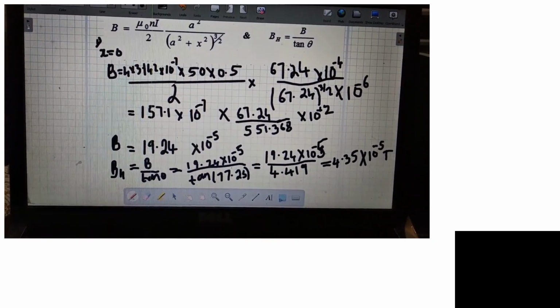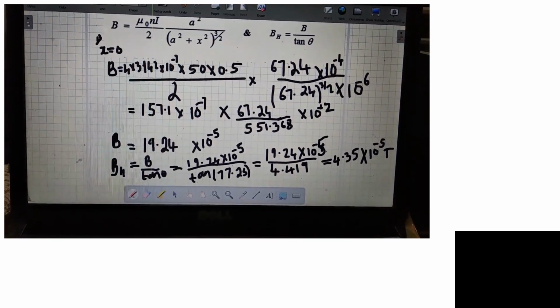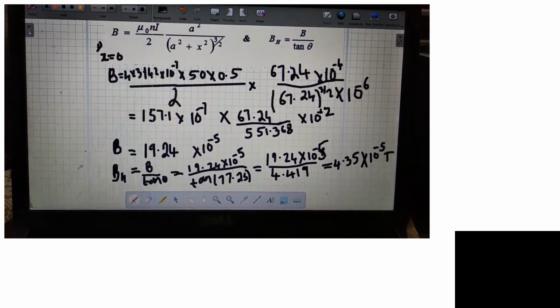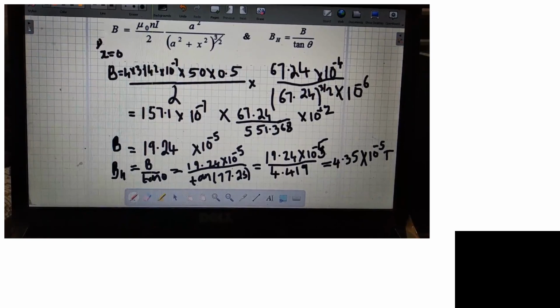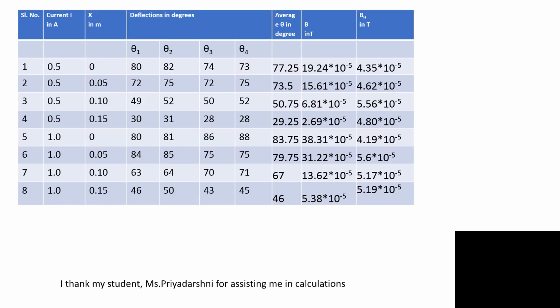Similarly, you do all the calculations for all the values of x and all the values of current. So all calculations are tabulated here.